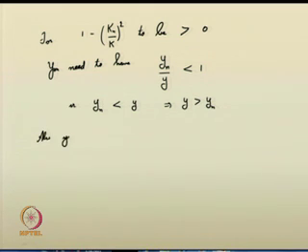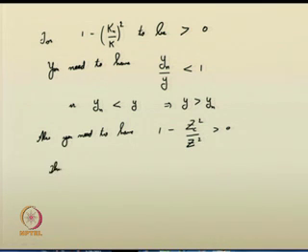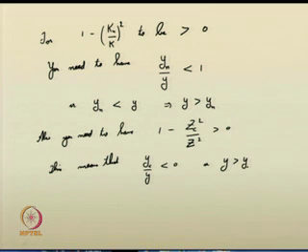Also, you need to have 1 minus (Zc squared by Z squared) greater than 0. This means that your yc by y should be less than 1, or your depth of flow should be greater than your critical depth.